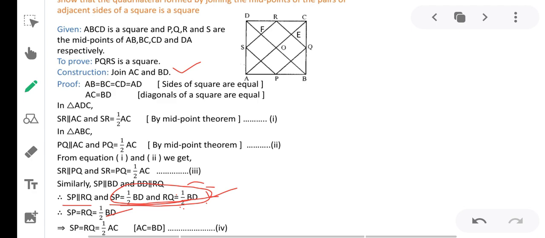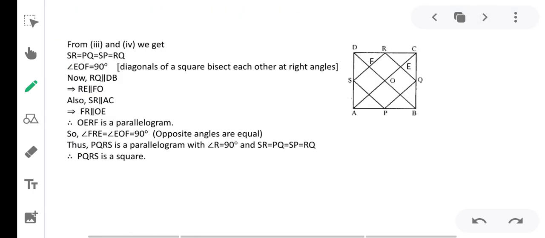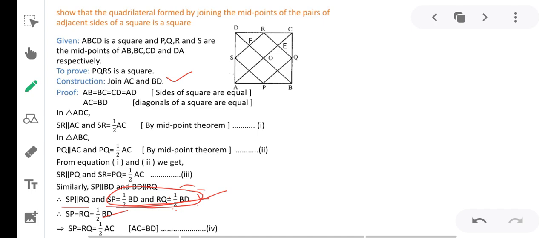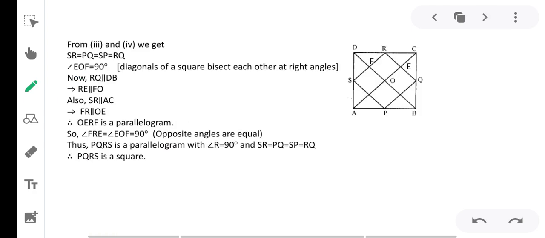This is equation 4. Clear? Now from equation 3 and 4 we get SR equal to PQ equal to 1 by 2 AC and SP equal to RQ equal to 1 by 2 AC. So you can write SR equal to PQ equal to SP equal to RQ. Clear?